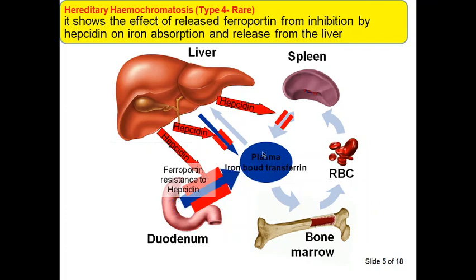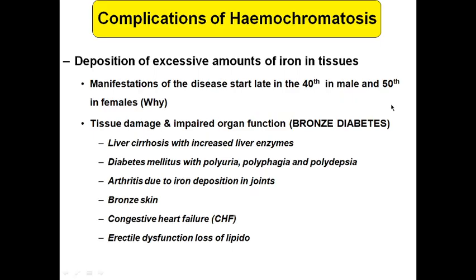The saturation of transferrin will become higher than 45%, and that would cause the iron to be deposited in the different parenchymal cells.